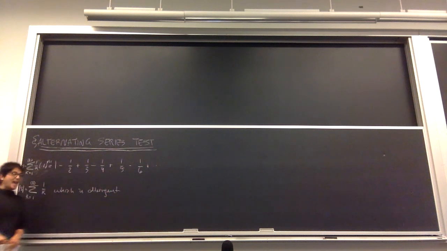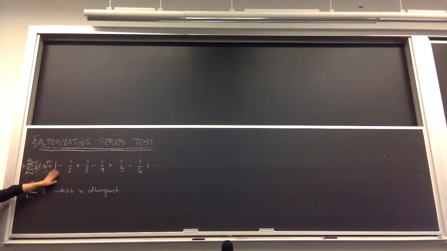Okay, so we can't now conclude that this is divergent, right? Because this is bigger than this, right? We could have got lucky. We could have got lucky and found that the bigger sum was convergent and have concluded that this was convergent, but that's not the case. So I have to give you an extra tool called the alternating series test, which you use when all other tests fail, essentially.